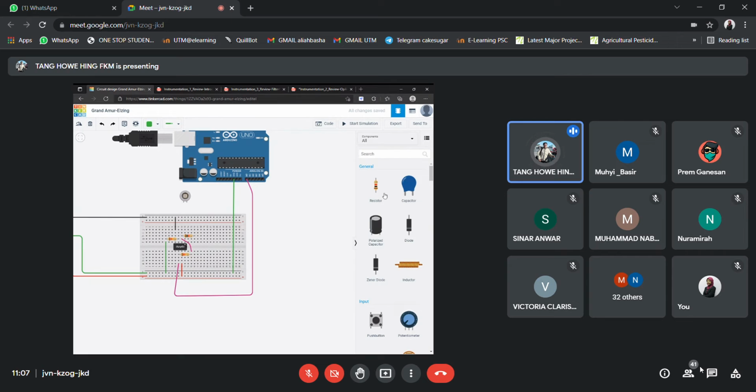Okay, and then we need to have another resistor, 1 kilo ohm, from here to here. So this is a differential amplifier, and therefore the cathode goes to here, and then the anode goes to here.